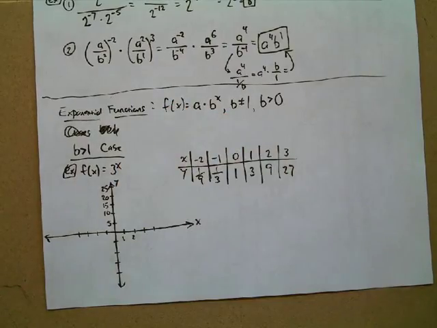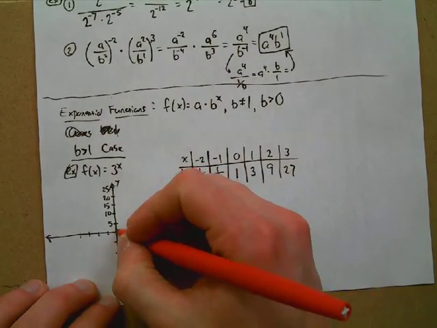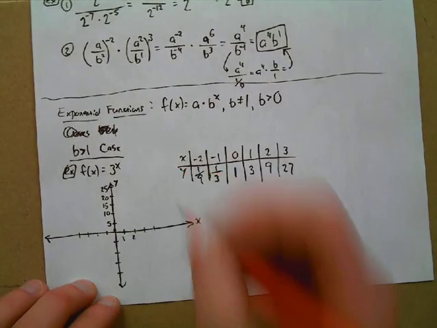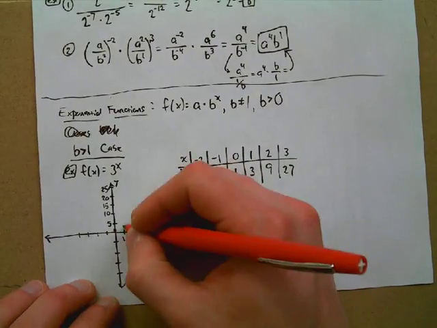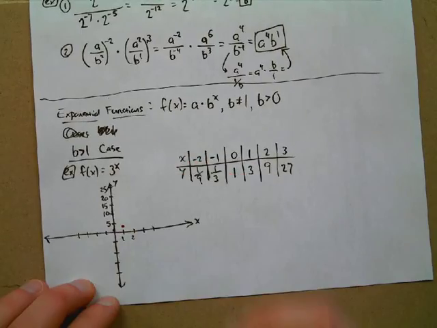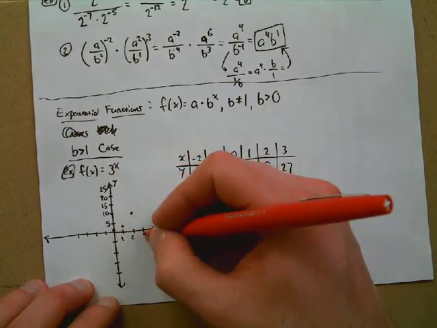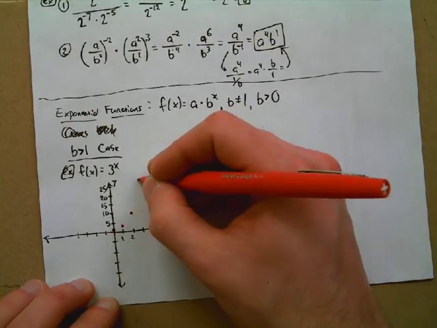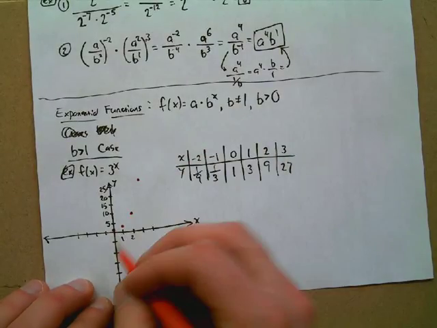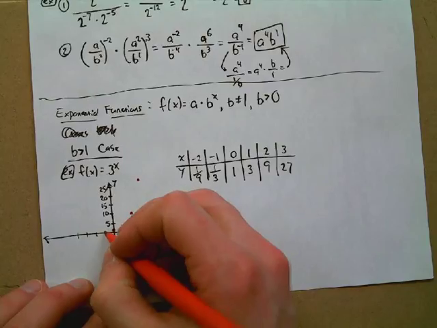Okay, so we get 0, 1. Okay, so 0, 1 with the eyeball that one. And then 1, 3, that's a little bit more. And then 2, 9. And then 3, 27. And then, of course, -1, 1/3, you really have to eyeball. And same thing with the 1/9 as well.